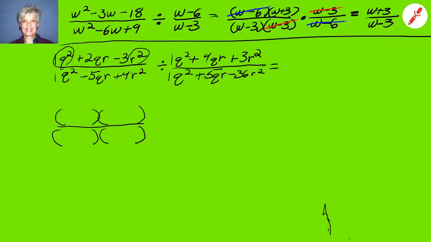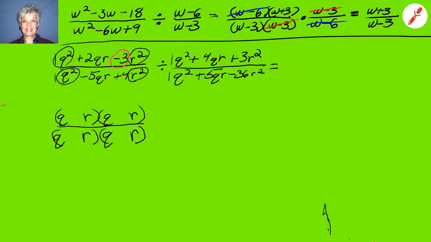Okay, when you've got a q squared and an r squared, you're going to write a q and an r and a q and an r in your parentheses. So each set of parentheses is going to contain a q in front and an r behind. Yes, we're going to add numbers, but be patient. This is what we're doing right now.